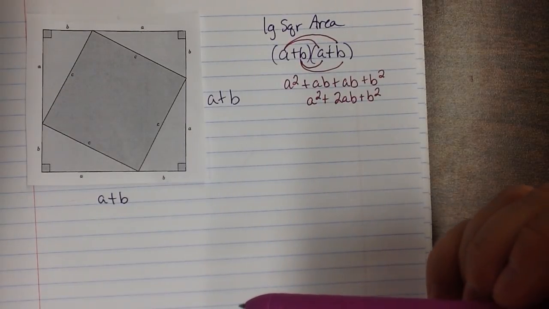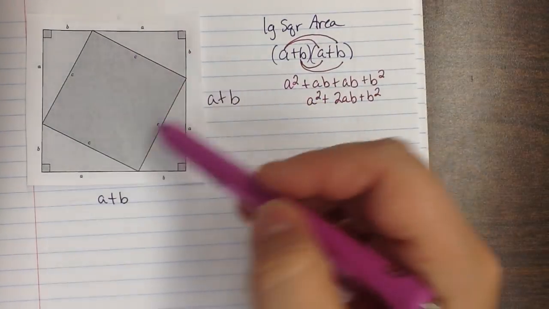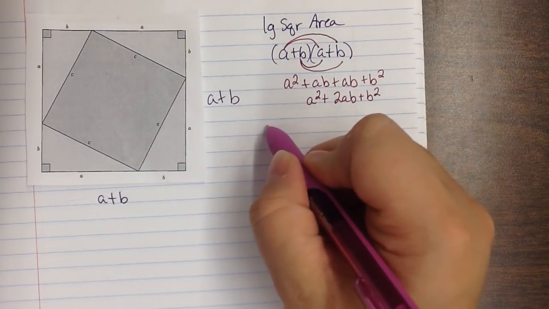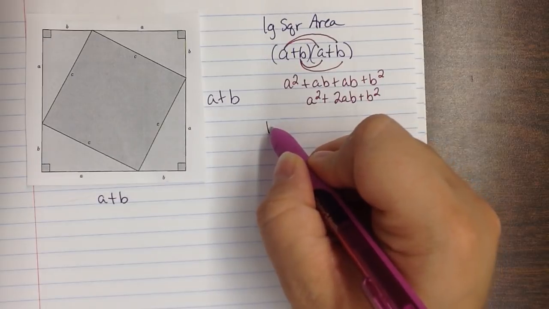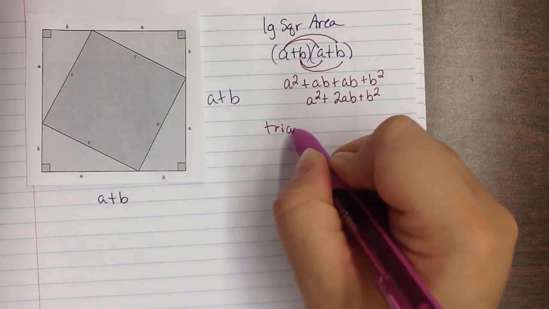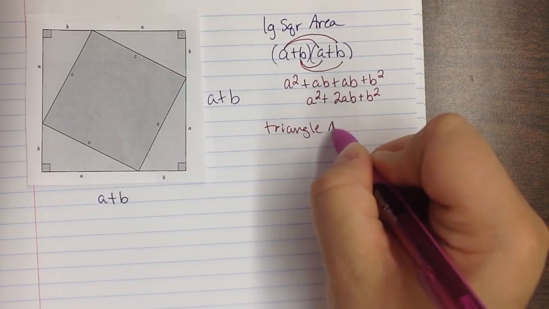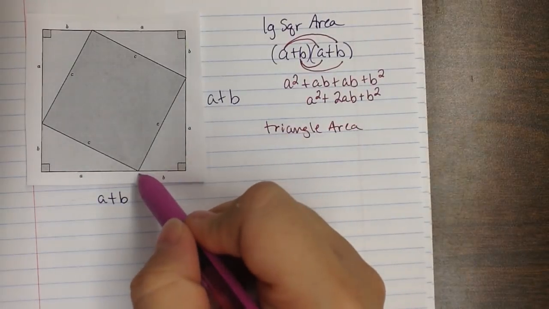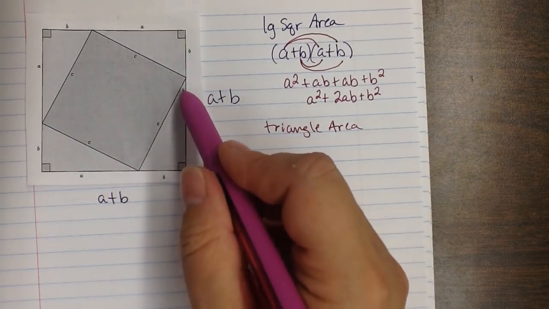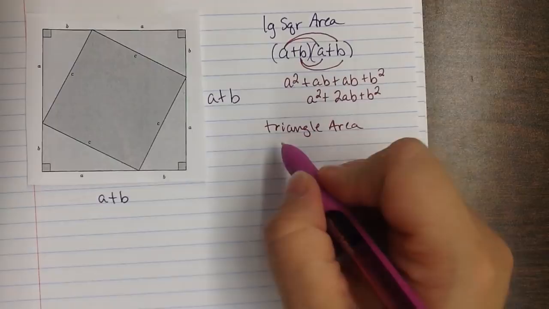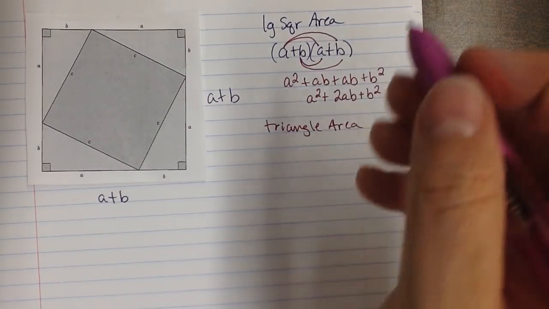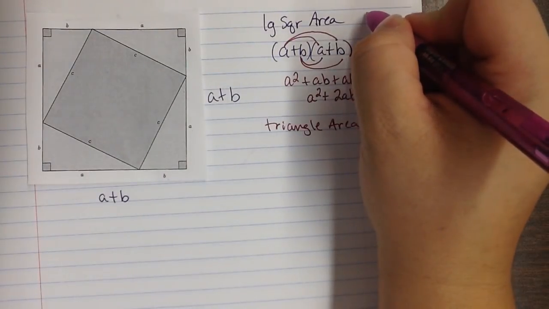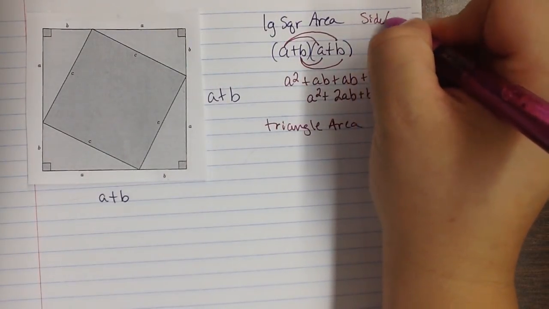To find the area of one of the triangles, we're going to take 1/2 base times height. So for the area of a triangle, it is, so this was side times side.